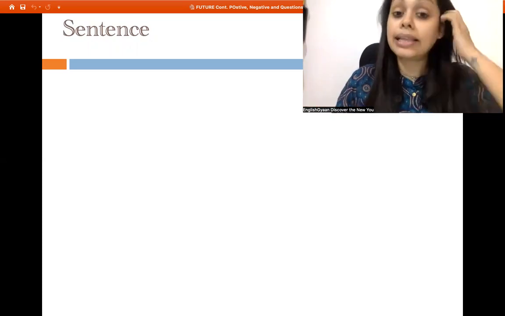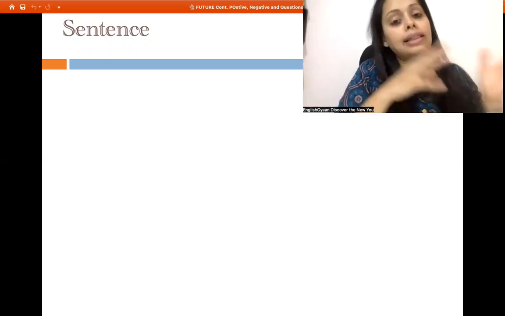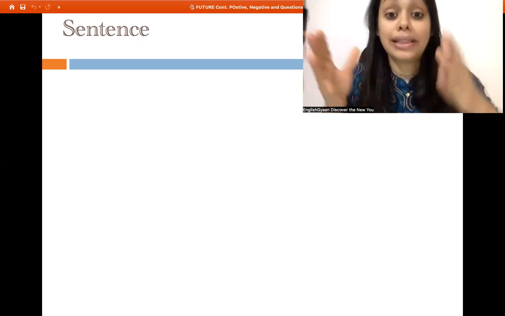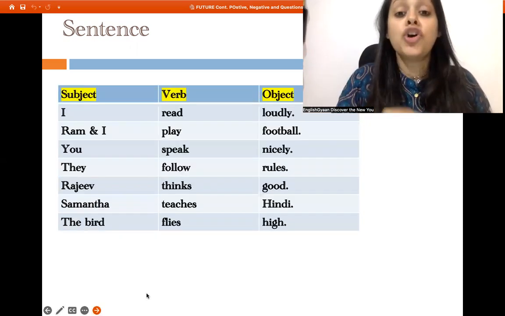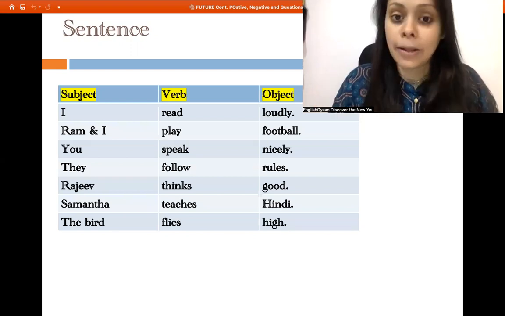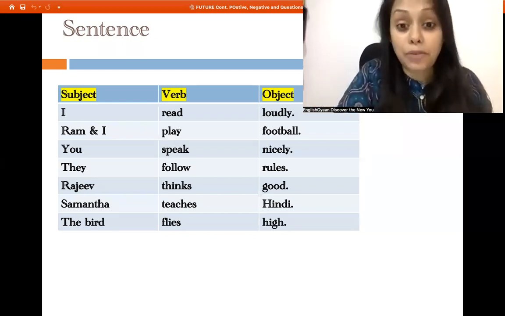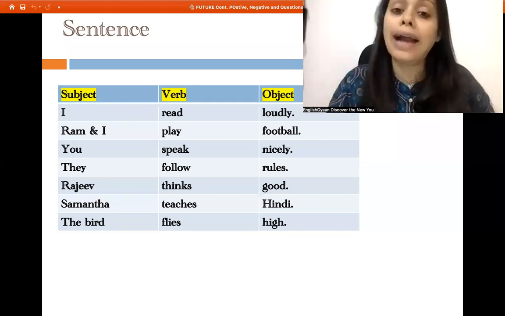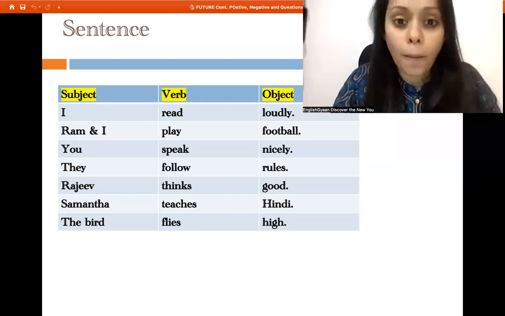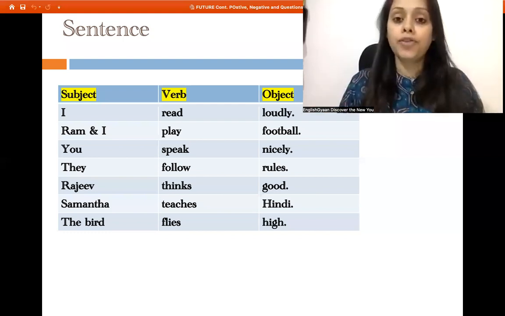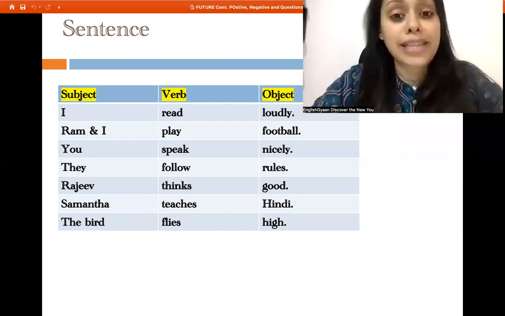I repeat, they think in their mother tongue and then they try to translate that in English, and this has to stop. You have to stop thinking in your mother tongue by framing short and simple sentences. So your statements should have subject, verb, and object. Once your statement has subject, verb, and object, automatically you are going to frame an effective statement.